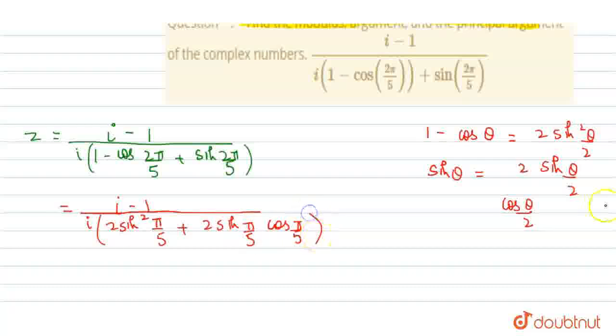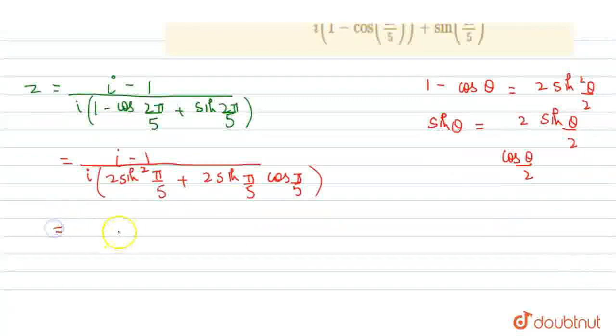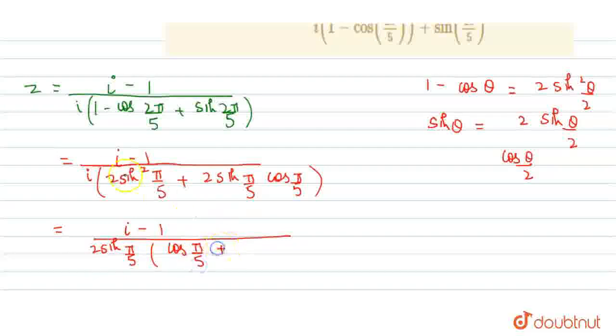Now iota minus 1 upon 2 sin pi by 5 is common, so it will be cos pi by 5 plus iota sin pi by 5.